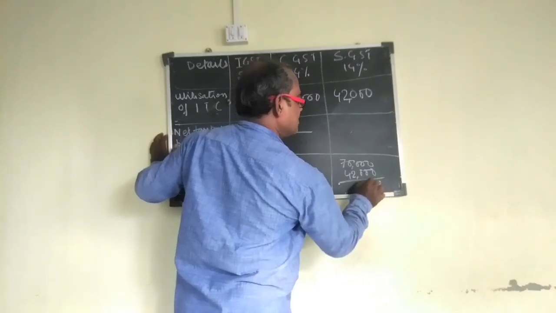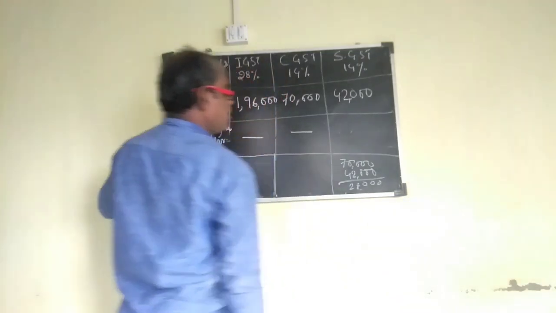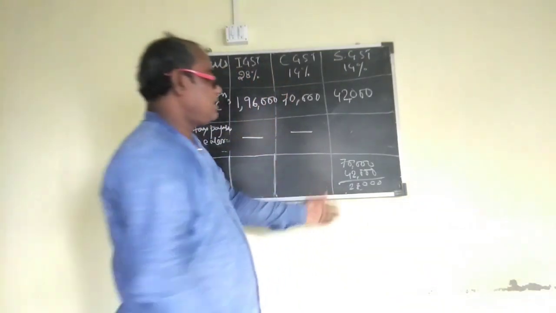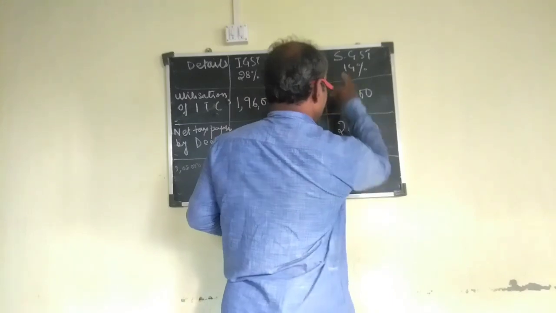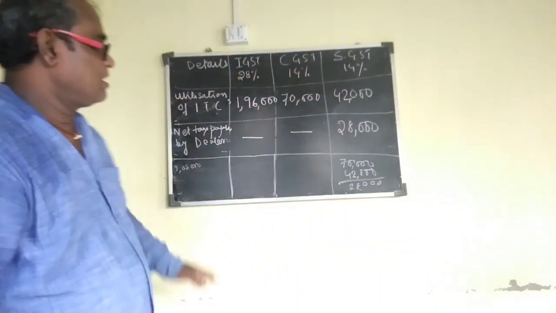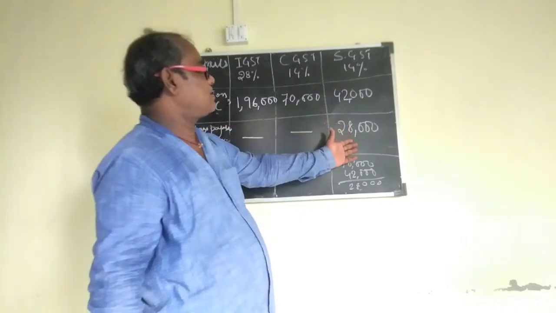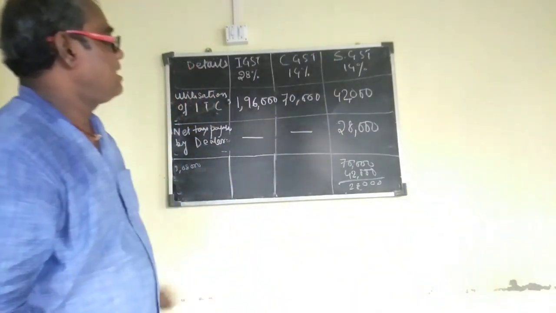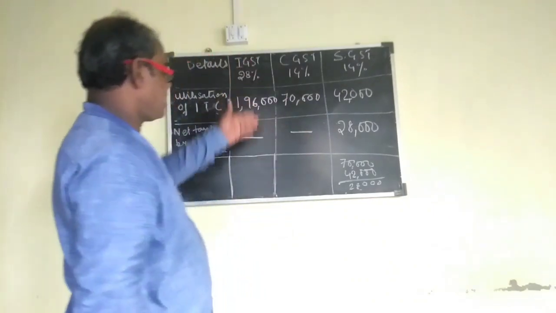That means for the rest of the money, that is 28,000, you have to pay SGST. So the dealer has to pay only 28,000 for SGST. He does not have to pay any money for CGST as well as IGST.